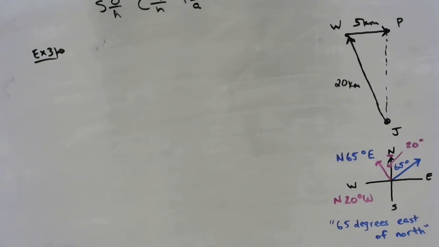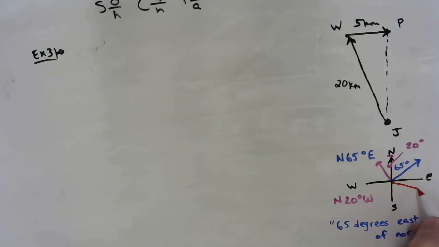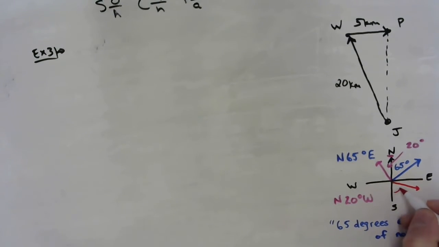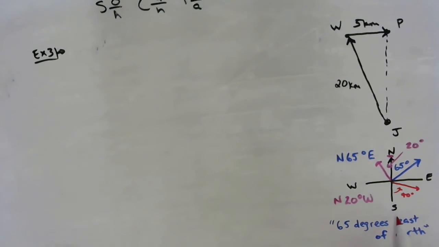Okay, if you know the angle in between them, let's say you know that this angle right here is 70 degrees. Then this one is S 70 degrees east, or 70 degrees east of south. Okay? So here we go.